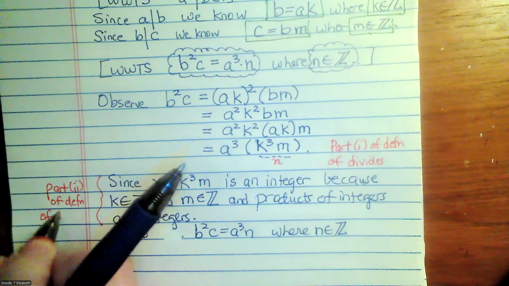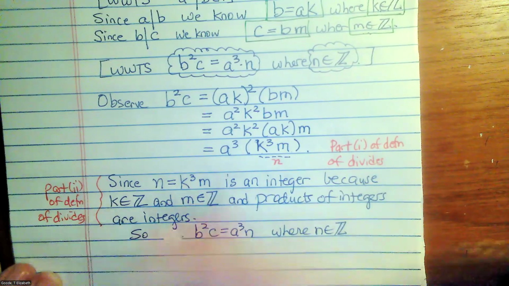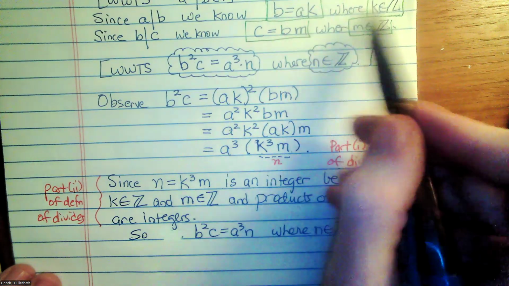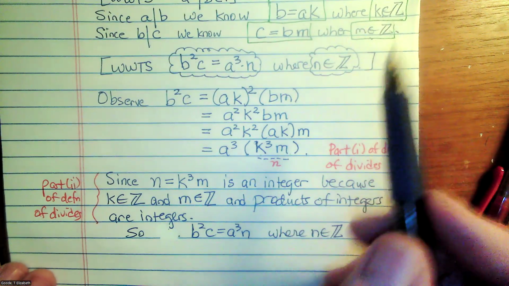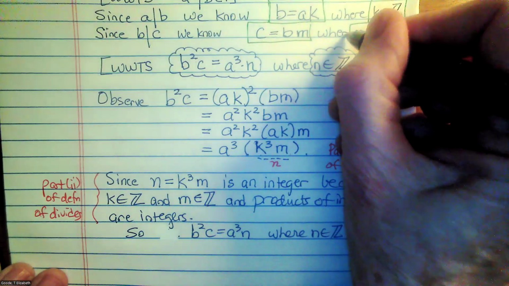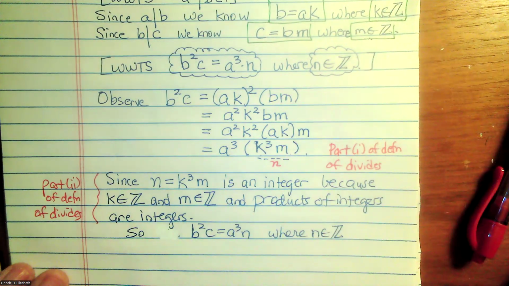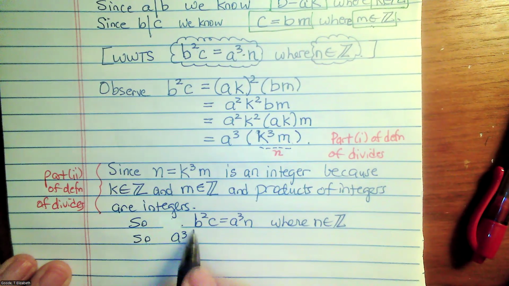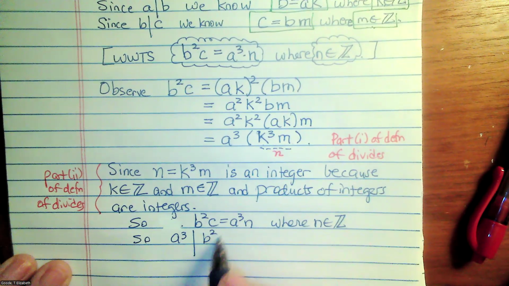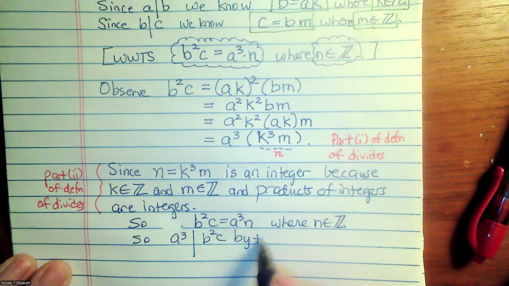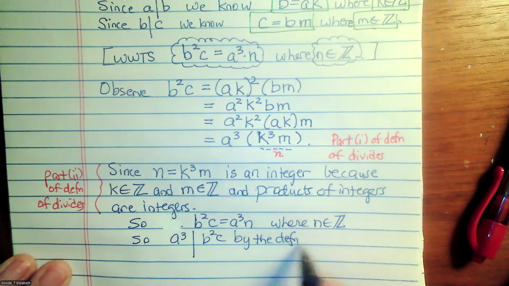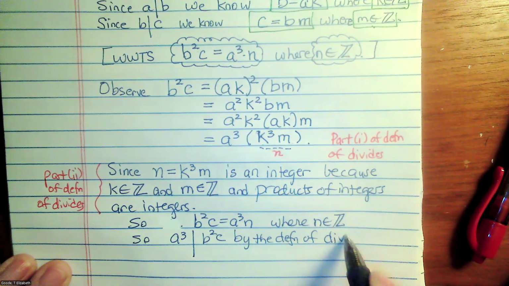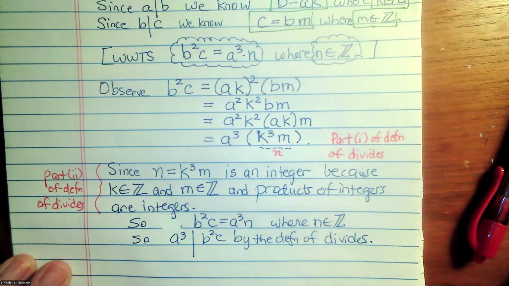Just being methodical. And it's really nice that you realize proof money, it's great to burn it. I think this where needs an E there. So A cubed divides B squared C by what definition? By definition of divides. Nicely done. And there you have it.